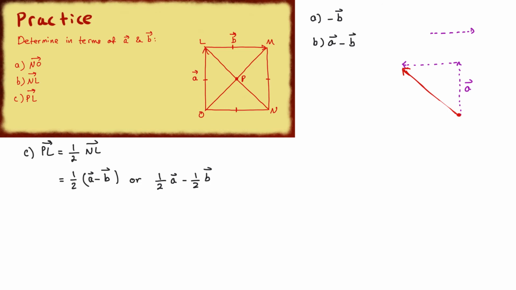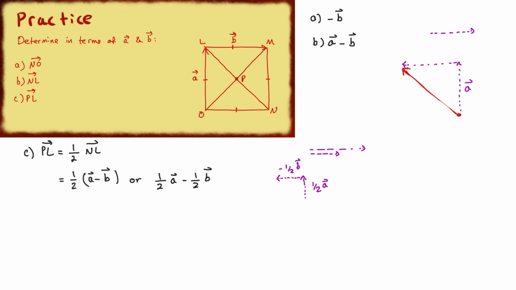To check our answers, let's draw it out. We know that vector A goes up straight, so half of A is going to go up half of A. So let's say this is approximately half A. And vector B is going in this direction. We're going to take half of it and we're going to subtract it, meaning adding the negative to it. So that's adding half of B, oh, half of negative B really.